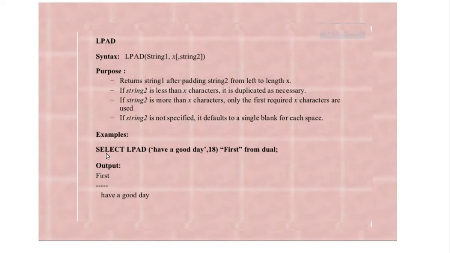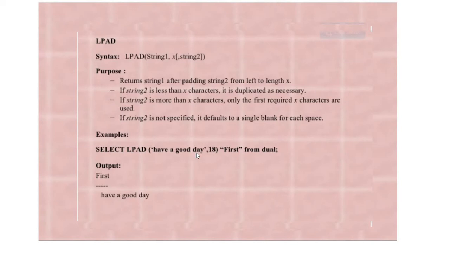Here in this example, we have this string, that is string 1, have a good day, and after that we have passed a value, that is 18, that is the value of x, and here we are not passing this string 2. And then again we have this output variable, that is first. So if we consider this example and count the total length of this string, it is 15.